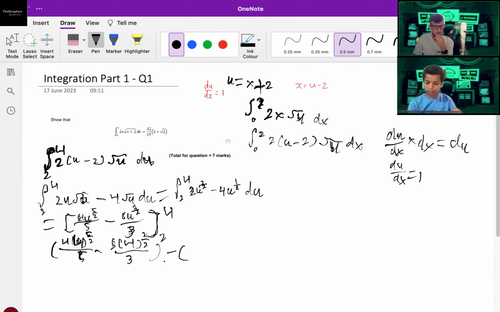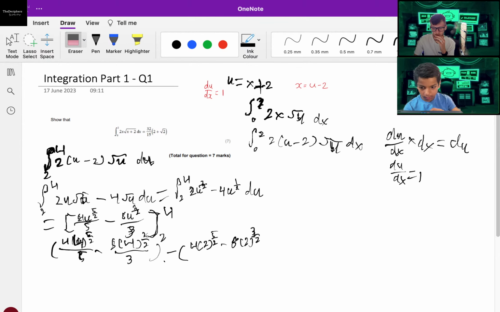Good stuff. That take away it evaluated at 2, so 4 times 2 to the power of 5 over 2 divided by 5, minus 8 times 2 to the power of 3 over 2 divided by 3.